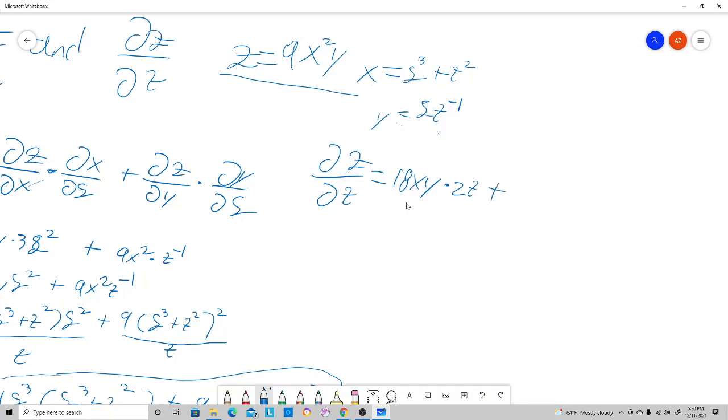Then we have plus 9x squared, and this, with respect to t, would become negative s t to the negative 2.